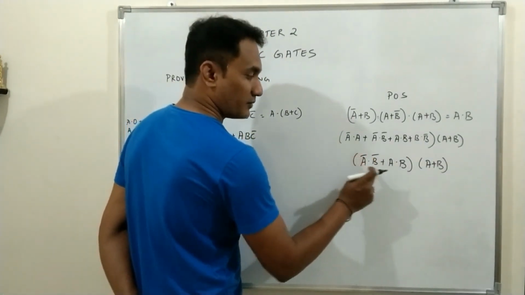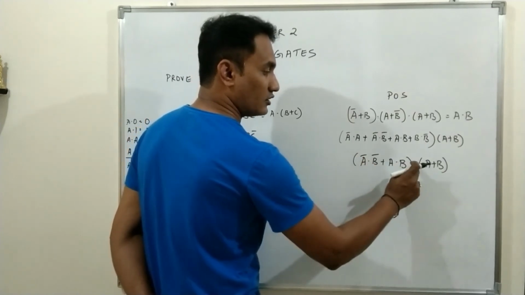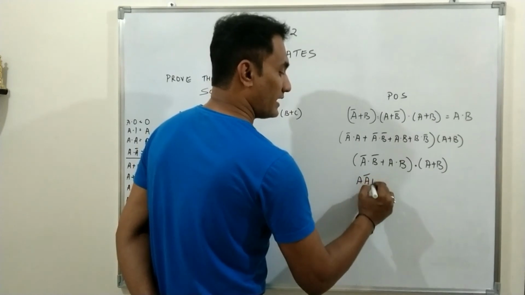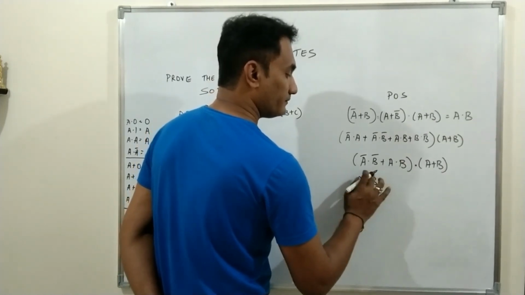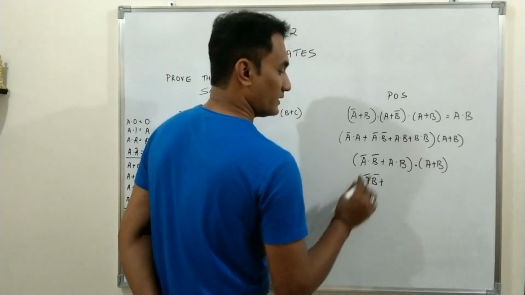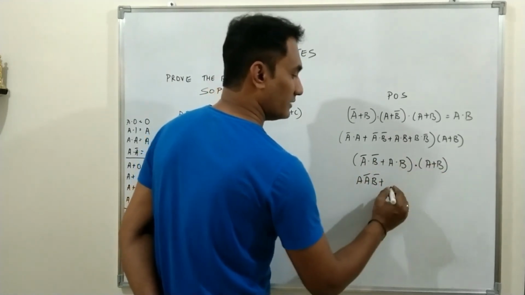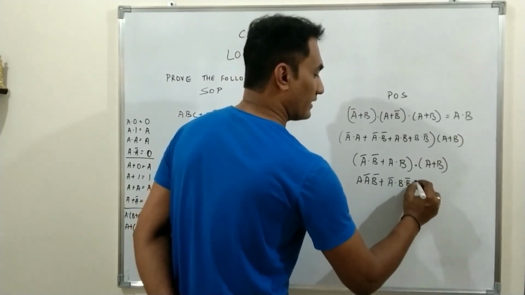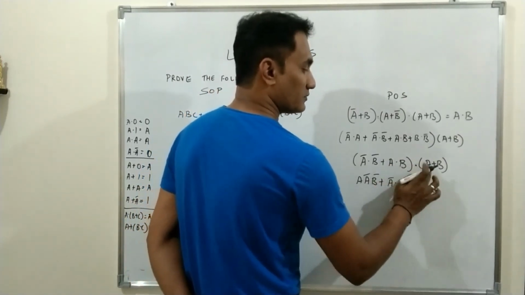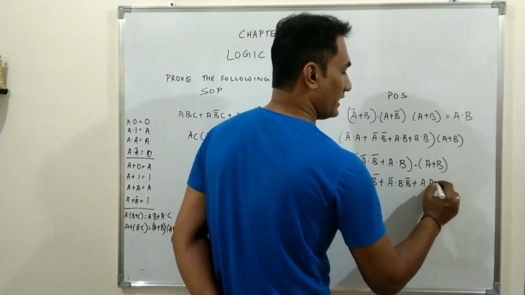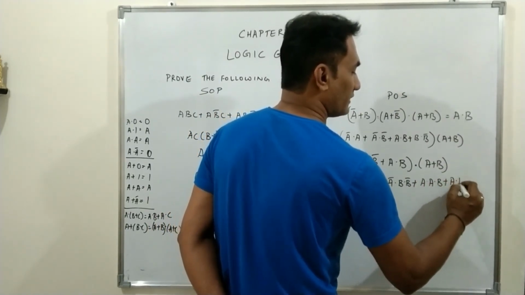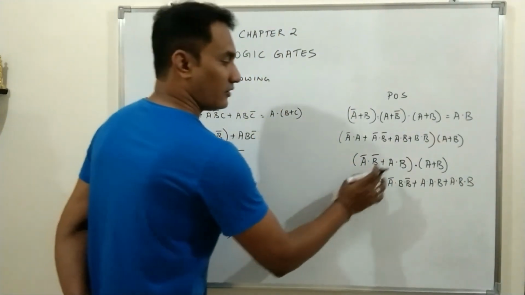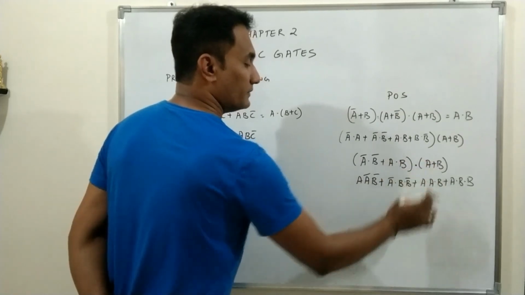The first expression is A bar dot B bar dot A, so it will be A bar B bar A, plus, next this multiplied by this will be A bar dot B dot B bar, plus, next this one multiplied by this will be A dot B plus A dot B dot B. So this is what we have got by opening up these two brackets.